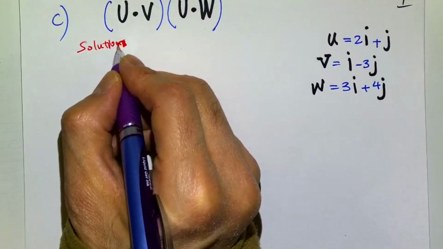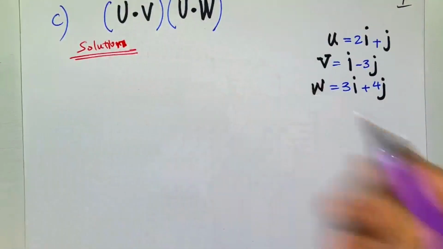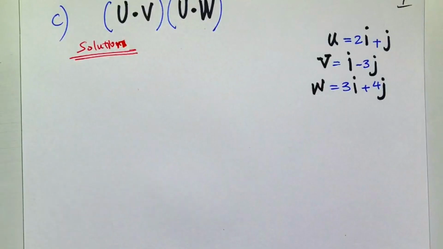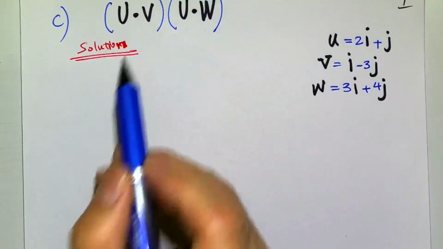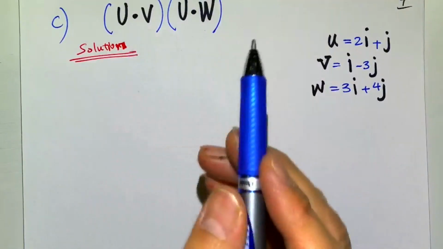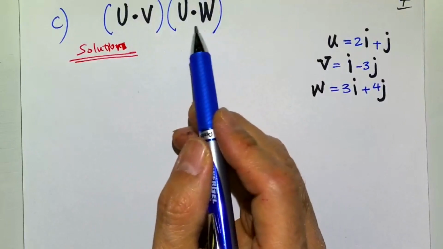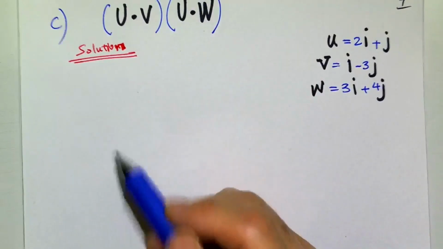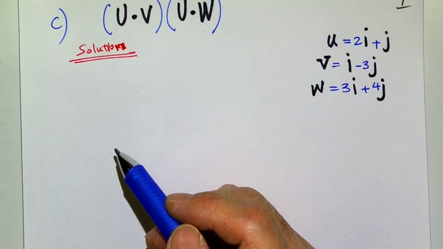So I'm counting on you that you've done that, and now you're back. So what I would do is first calculate this dot product, then calculate that dot product, and then multiply the results together to get the final result.